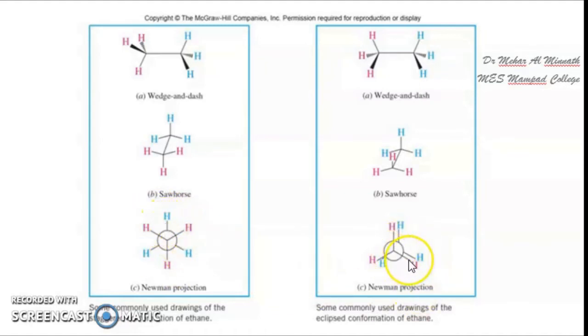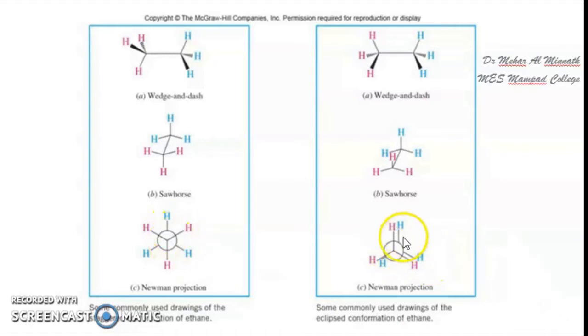the eclipsed ethane conformation. Now in Newman projection, as you know, the carbon atom on the front is designated as a point, and the one at the back is designated as the circle. Okay, and in staggered conformation, all the hydrogen atoms or the substituents attached to one carbon and the adjacent carbon are 180 degree apart, or the dihedral angle is 180 degree.